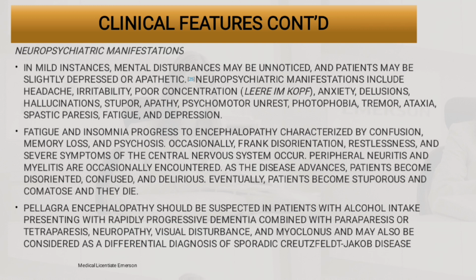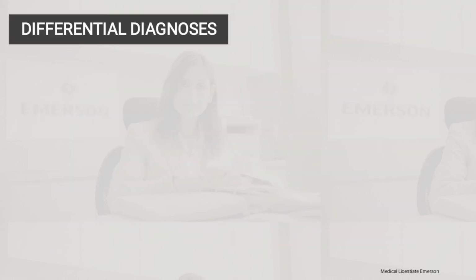The neuropathy, visual disturbance, myoclonus, and may also be considered as a differential diagnosis of sporadic CJD, so the Creutzfeldt-Jakob disease.